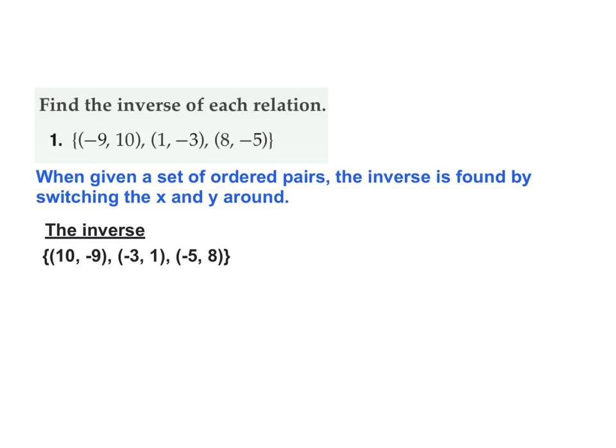One is we're going to find the inverse of an actual function, like an equation, and then we're going to determine if 2 functions are inverses of each other. Okay, so that's the 3 categories. 1 is a set of ordered pairs, 2 is find the inverse of a function, and 3, verify that 2 functions are or are not inverses. Okay?